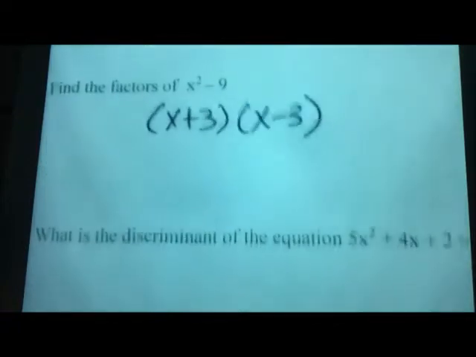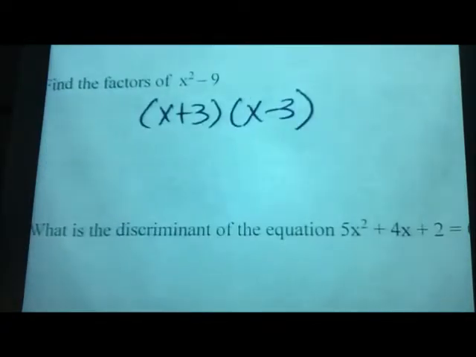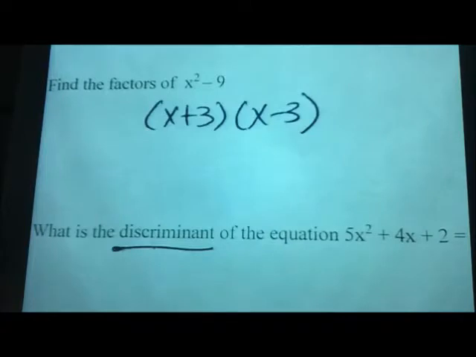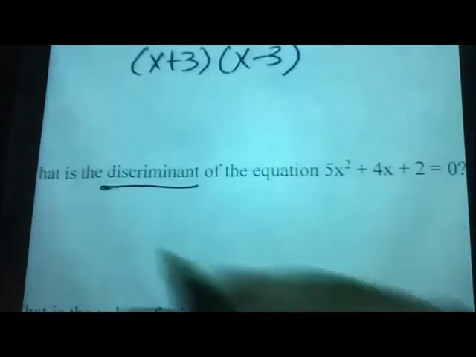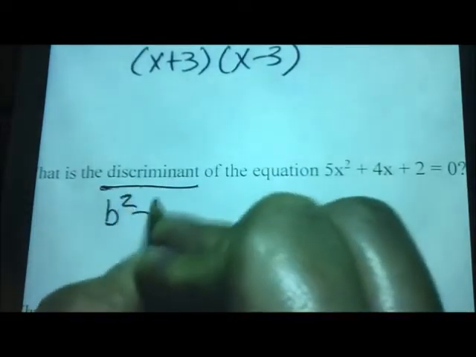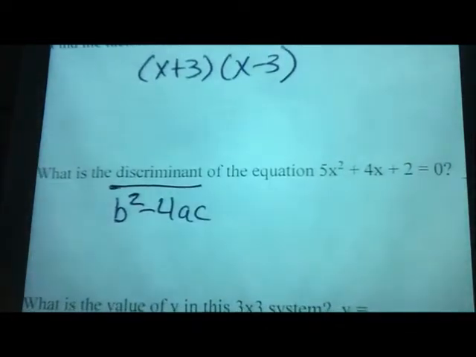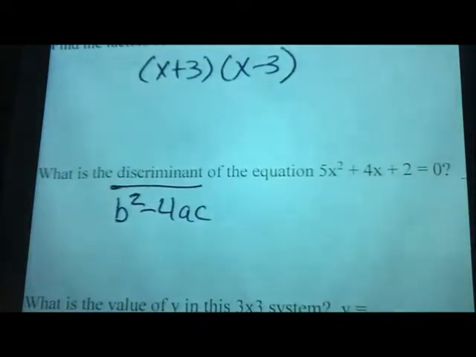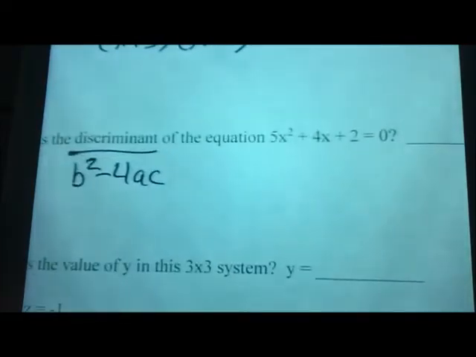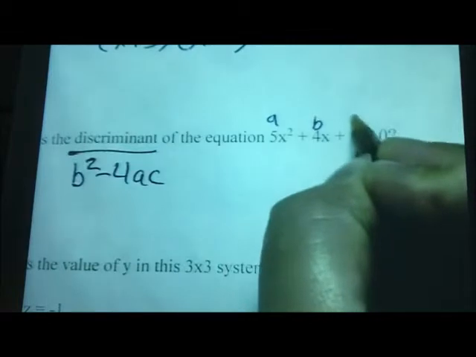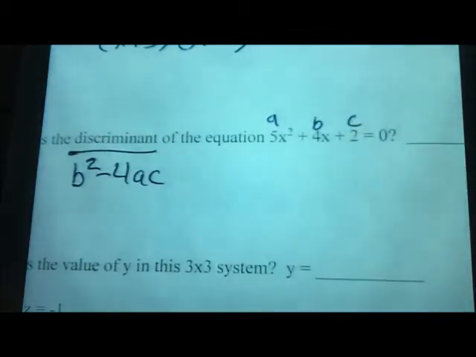So we're looking for the discriminant. Now, we've done discriminant, but we've never called it like that. The discriminant is b squared minus 4ac. It is what's inside of your quadratic formula, the square root. So my a is 5, my b is 4, and my 2 is my c.